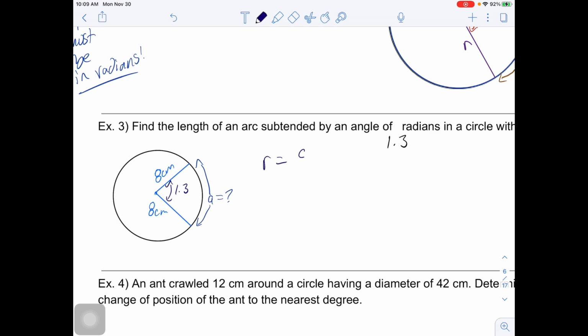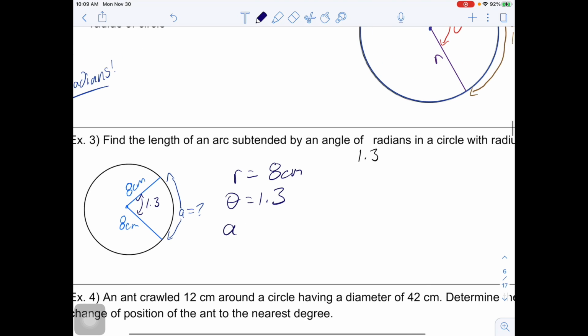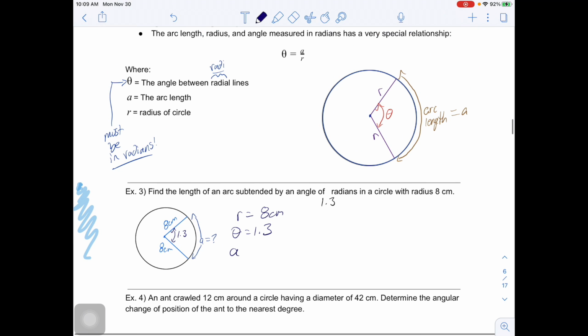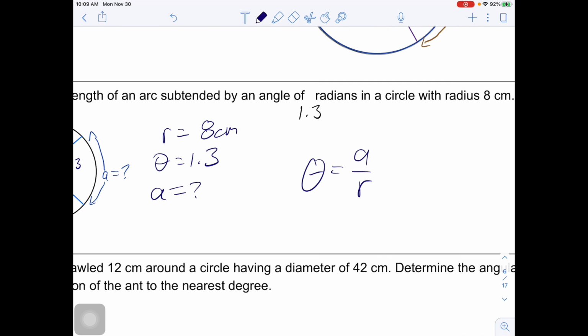So everything we have is r, the radius, which I said was 8 centimeters. We have the angle, which is in radians, 1.3, and we're trying to find a. So it's as simple as taking this equation, angle equals a over r, and in this case solving for a.